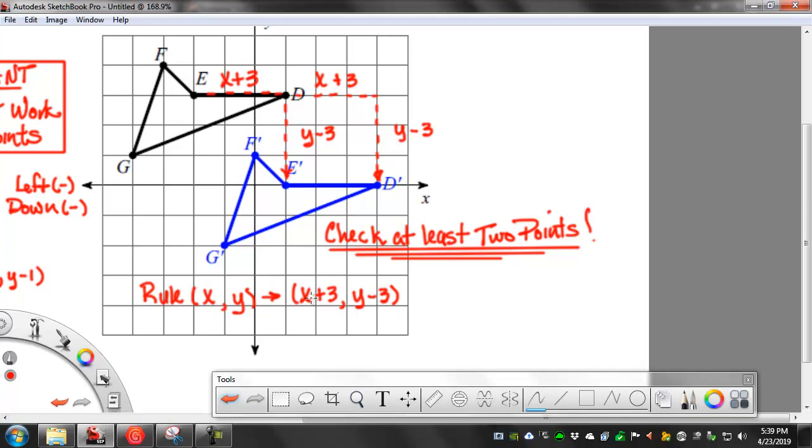Then I write how the ordered pair changes for each x and each y of all the ordered pairs. So I add 3 to every x, and I subtract 3 from every y. So that's the rule that maps the preimage, which would be F, E, D, and G, to F prime, E prime, D prime, and G prime.